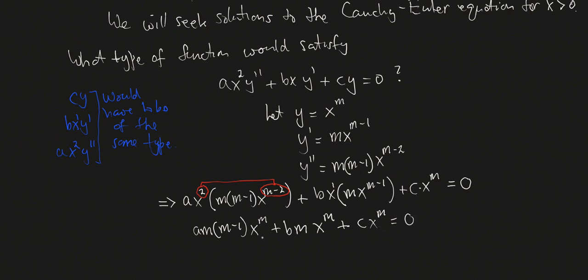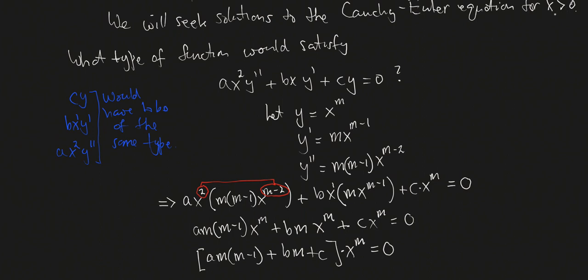And what we're able to do now is factor out an x to the m. So I'm going to put all the other terms in square brackets: a times m times m minus 1, plus bm plus c, and then times x to the m, equal to 0.